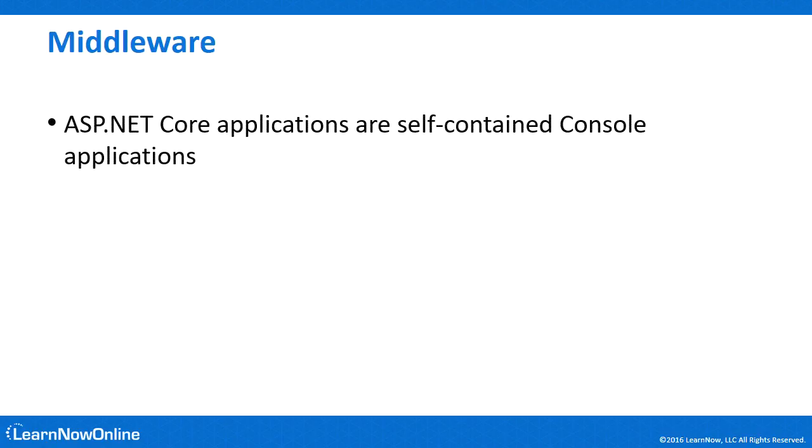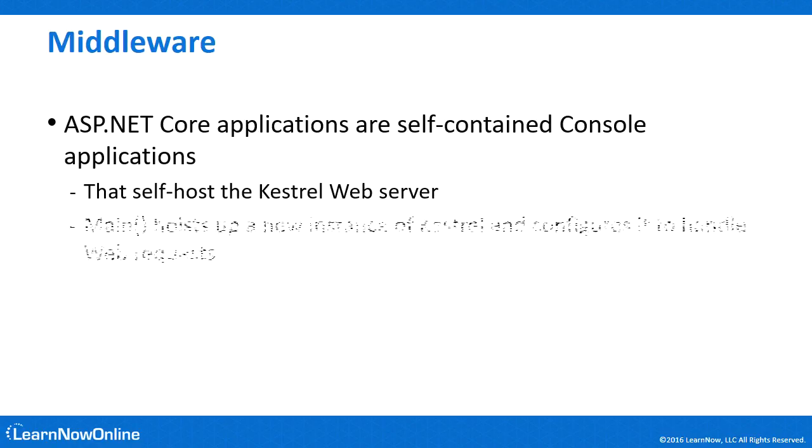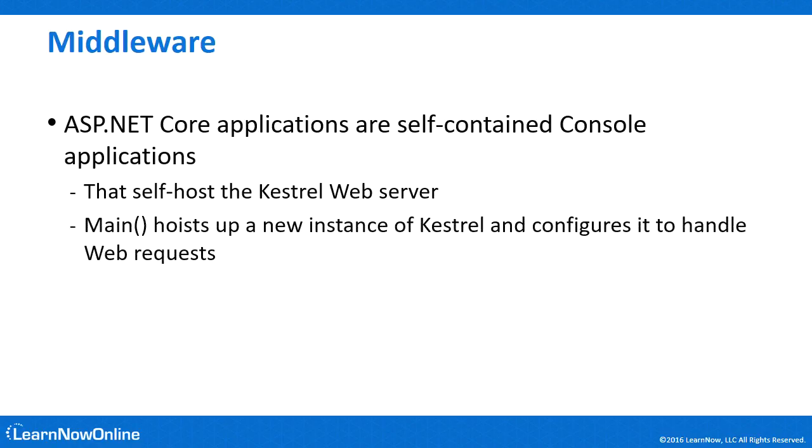All right, let's start drilling down into the code that made this simple but very real ASP.NET Core application. As I mentioned, ASP.NET Core applications are self-contained console applications that self-host the Kestrel web server. The code in Main basically hoists up a new instance of Kestrel and configures it to handle web requests. The configuration is delegated to the Startup class, which usually lives in a separate file. But for simplicity, I'm putting everything in a single file here within Program.cs.